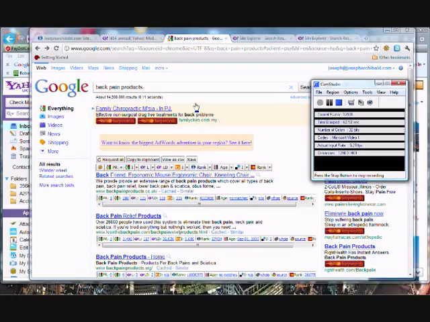And so what I've done here is a google.com search, as you can see here, not a google.com Malaysia search, which would be the standard one for me since I'm in Malaysia. But what I do is I strip out the .my, and it comes up as a .com search here for back pain products.